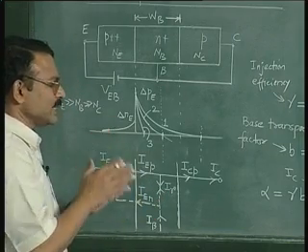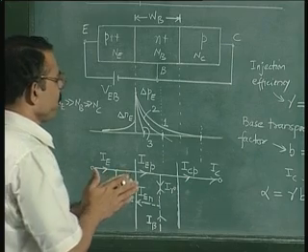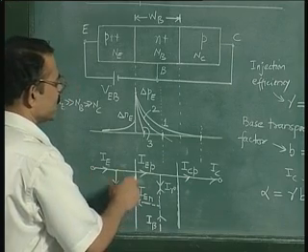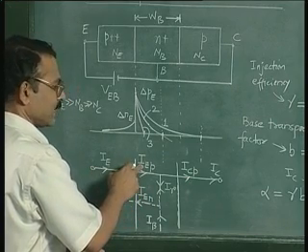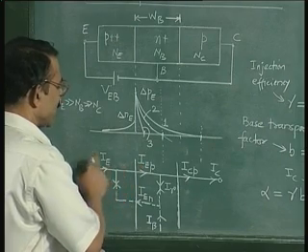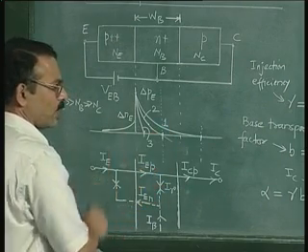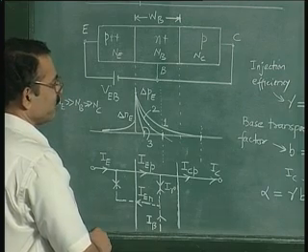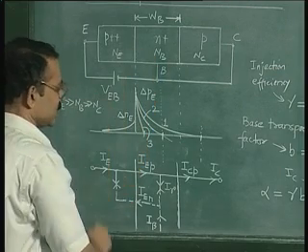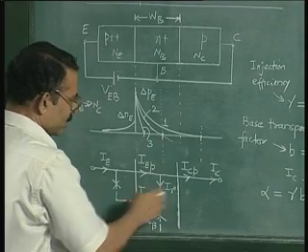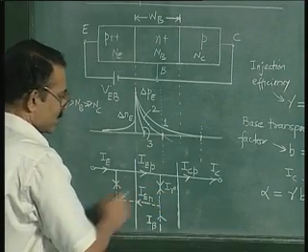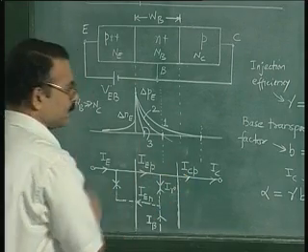Now I want to emphasize what are the conditions for this. The IEN should be much less than IEP, that is the first condition, so that almost entire IE is IEP, and the base width should be very very small as compared to diffusion length of minority carriers in this region, so that the IR is very small. So that entire IEP reaches the ICP.